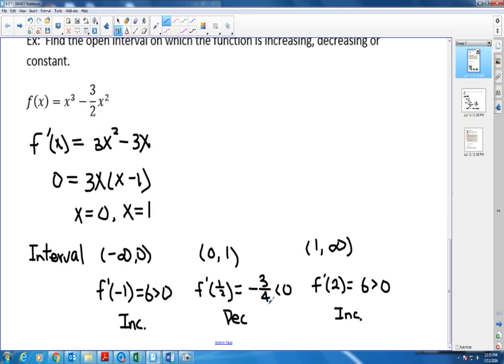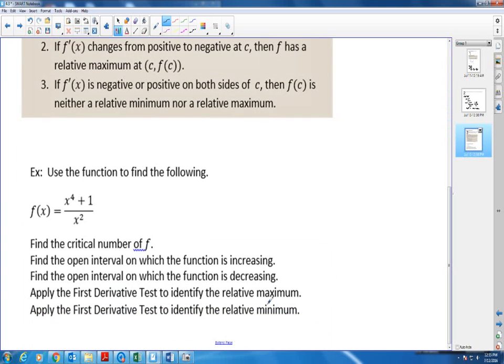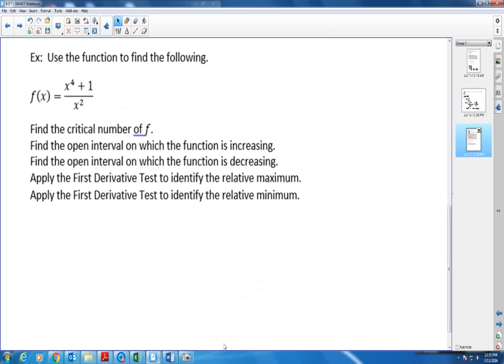Go from negative to positive. Excuse me, I misspoke earlier. Positive to negative is a relative maximum. Negative to positive creates a relative minimum right here at my critical number. Alright, that's what the first derivative test is telling us. Alright, so let's put the two problems together.